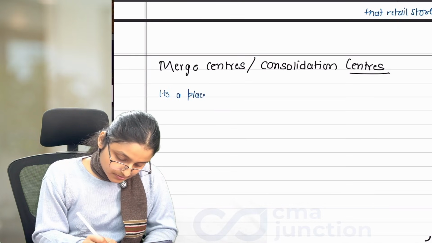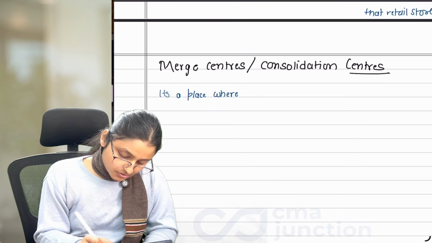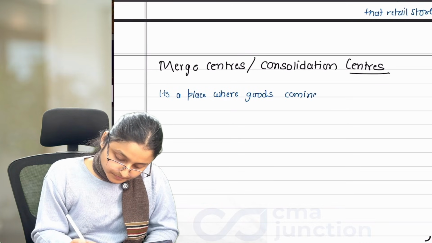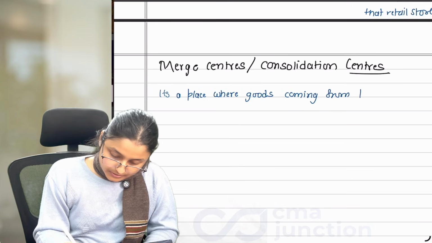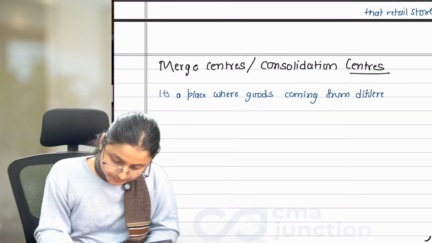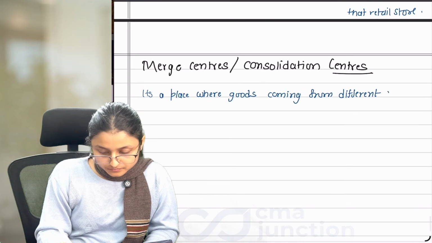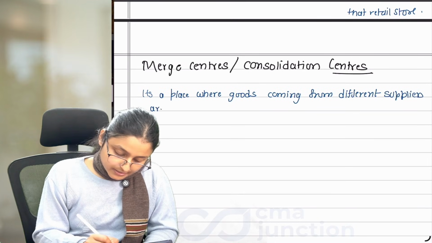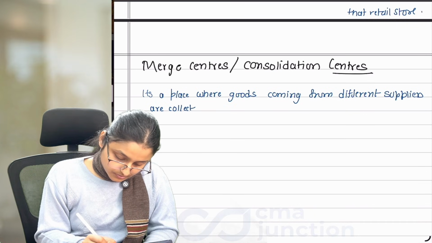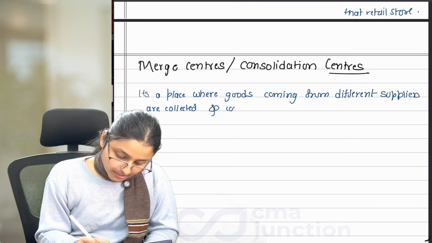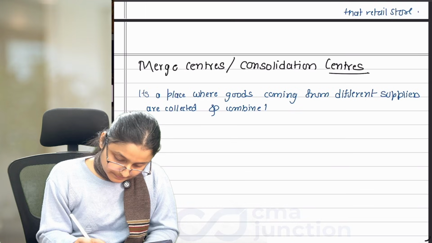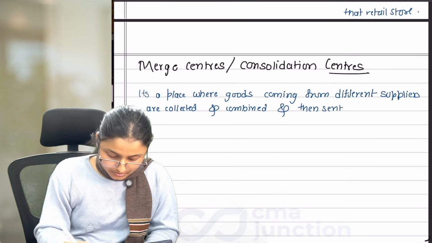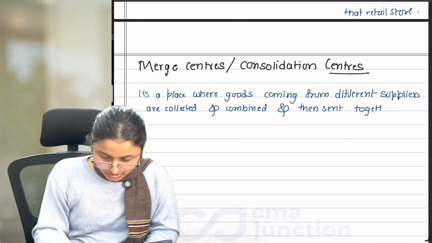It's a place where goods coming from different suppliers are collected and combined and then sent together to the customers.